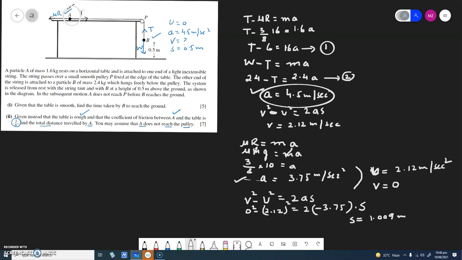To 1 decimal place correctness, it should be equal to 1.1 meters. So this is the distance traveled by the particle A after B hits the ground.